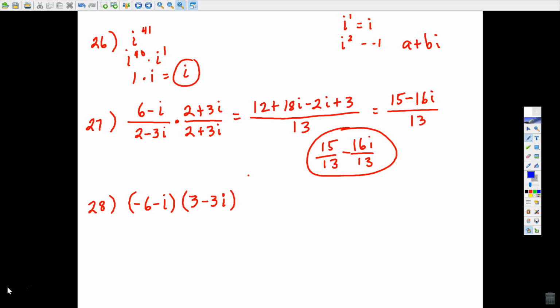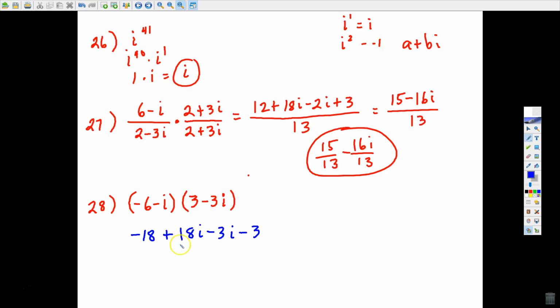Okay, 28, we are multiplying two complex numbers together, and that involves FOIL basically. So we do negative 18, and then this is plus 18i, negative 6 times negative 3i. In the middle it would be negative 3i, and on the end, the last terms will be plus 3i squared, which makes negative 3.